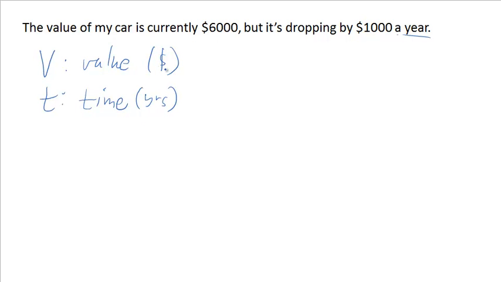And so notice that my output, my vertical intercept here, my y-intercept, is going to be a value for v. It's going to be a starting value for v. And my slope should be $1,000 per year. So can you take this and put it together into an equation?